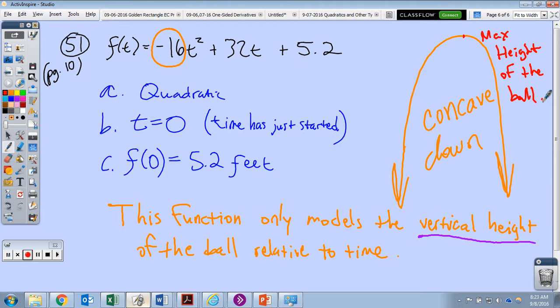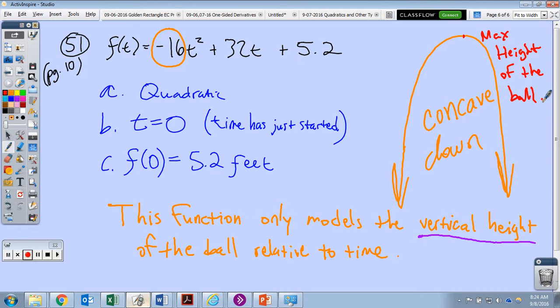The reason it's this smooth curve and not a straight line going up and then a straight line going down is because you have gravity, which acts as acceleration against the ball. So the ball at first is going to go up very fast, but then it starts to slow down, right?